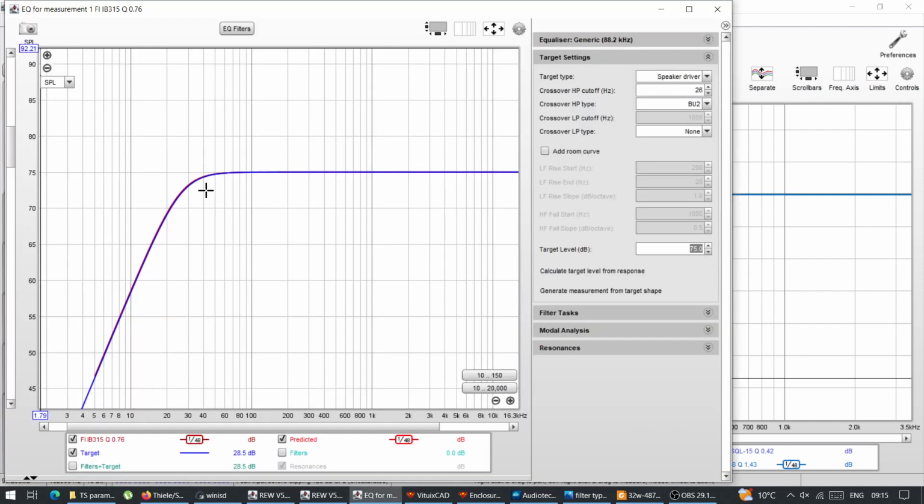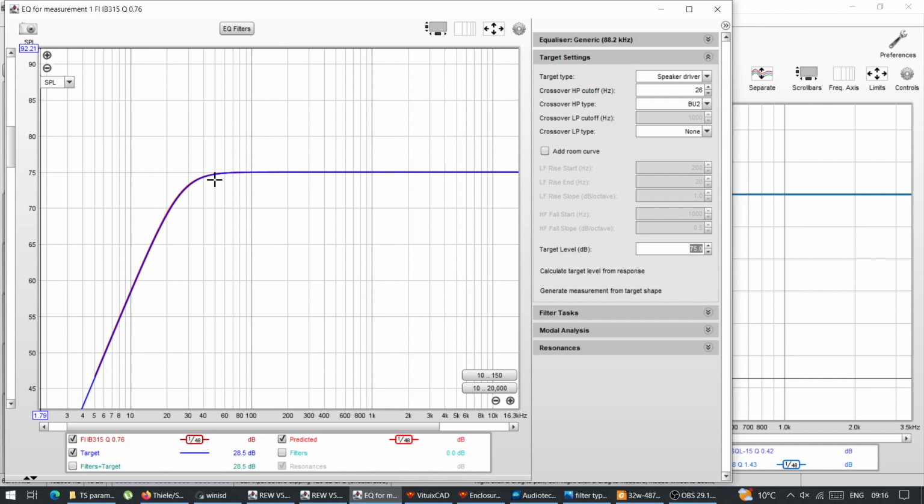And that means that this driver in free air, the bottom end of its response, matches a Butterworth 12 dB crossover. So it basically means that the electrical Q of the driver, how should I put it?